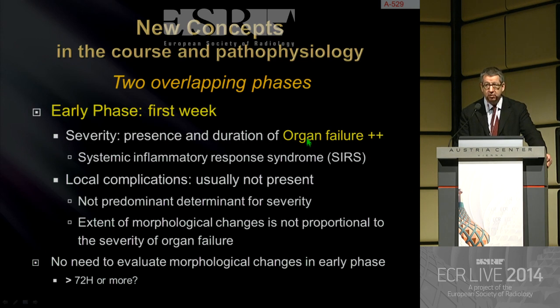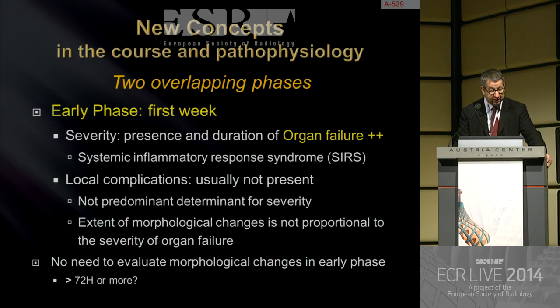And we will define organ failure in the next slide. At that time, the early phase, we do not usually encounter any local complications. And those local complications are not a predominant determinant for severity.